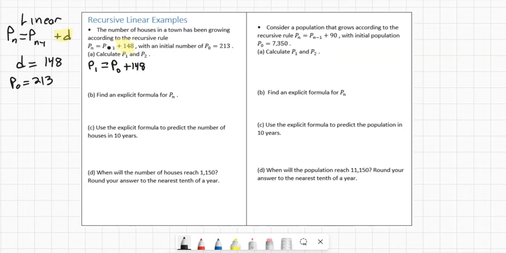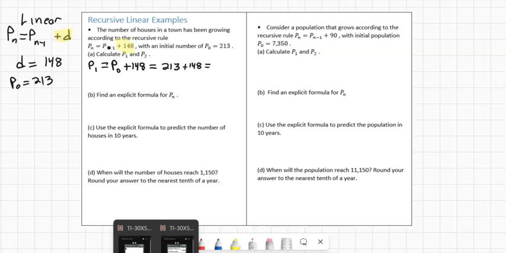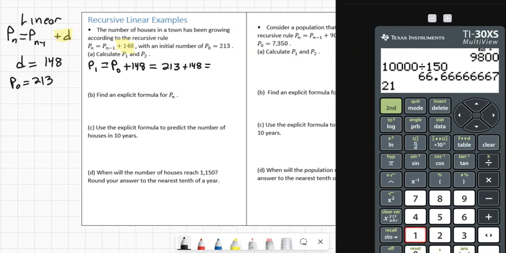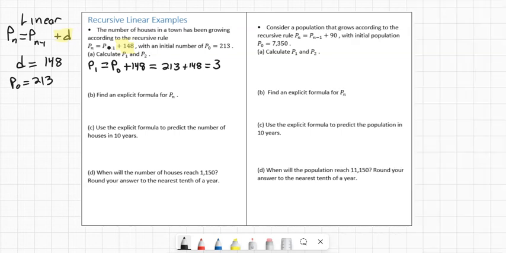Well, this is great because we have P sub 0. It's 213 plus 148. And we add those together. Let's not take any chances. $361. That is P sub 1.